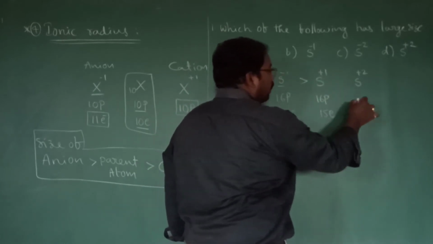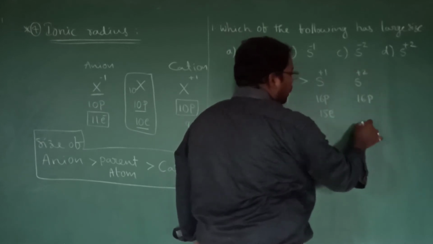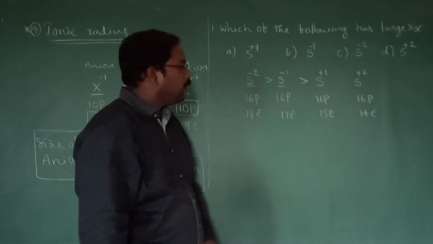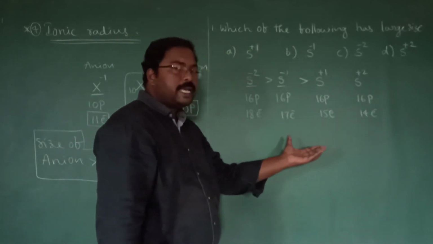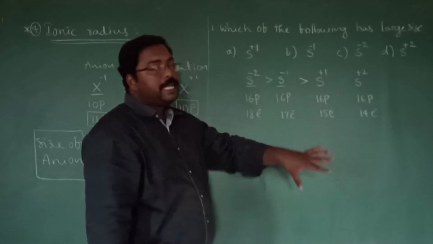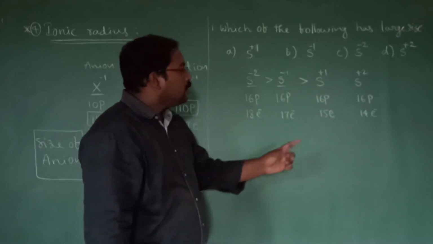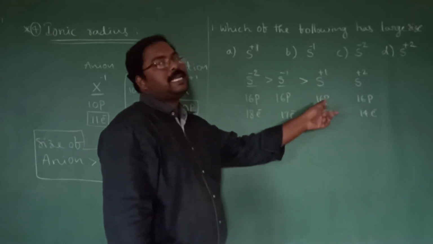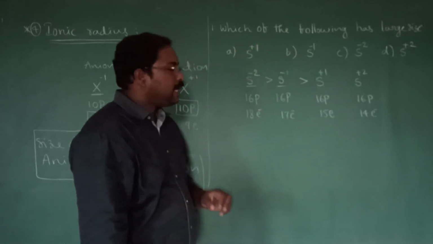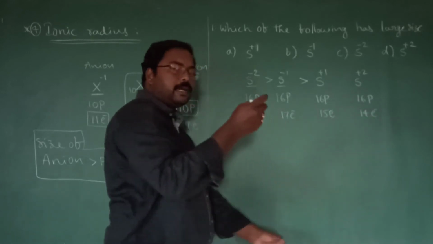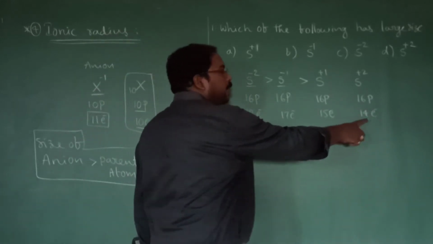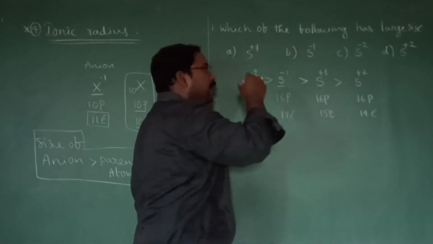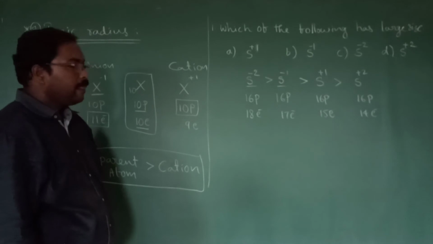It has 16 protons, but lost 2 electrons, so only 14 electrons are there. If you observe both cases, here the nuclear charge is more, since the number of electrons is less. So the nuclear charge will be higher on the valence electrons, and automatically the electron cloud comes very close compared to this case. So the atomic radius decreases.